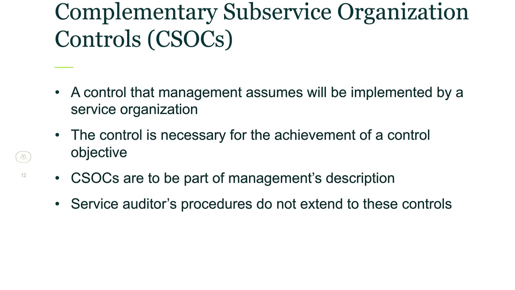And those controls would be really important to meet that control objective. And so these are controls then that get listed in the SOC 1 report as a CSOC to draw attention to the reader that they would want to make sure that if they're reviewing the subservice organization's report, they're looking for those controls.